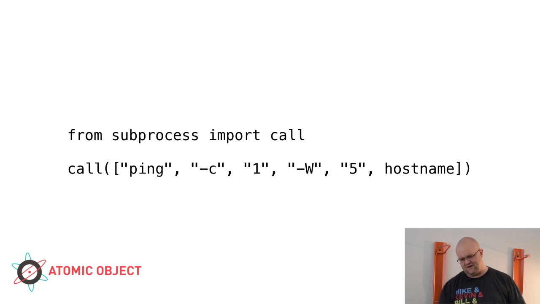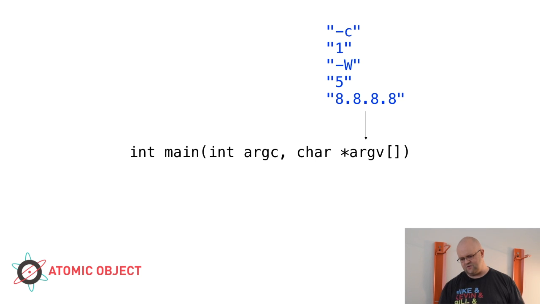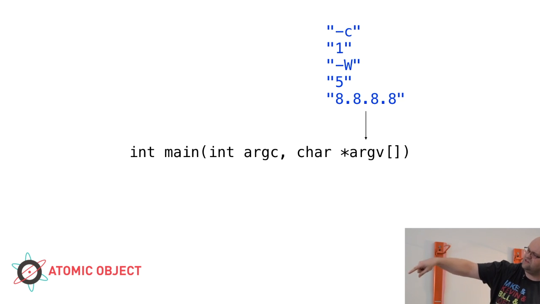The idea here is that this is a more direct interface to the operating system. It's going to directly feed this list of strings right into the entry point of the program you're calling. At the beginning of every C program, you have int main, which is the entry point. argv takes this whole list of things.